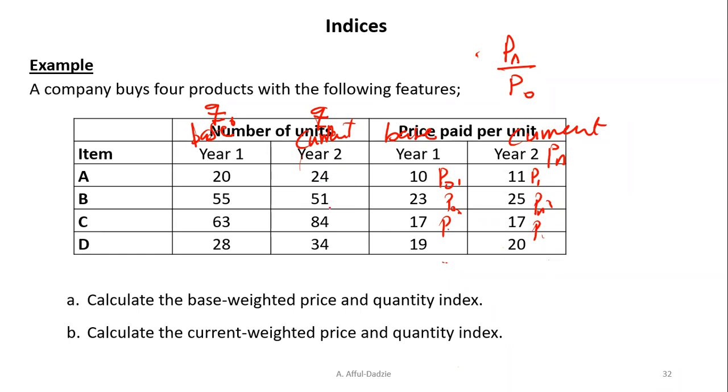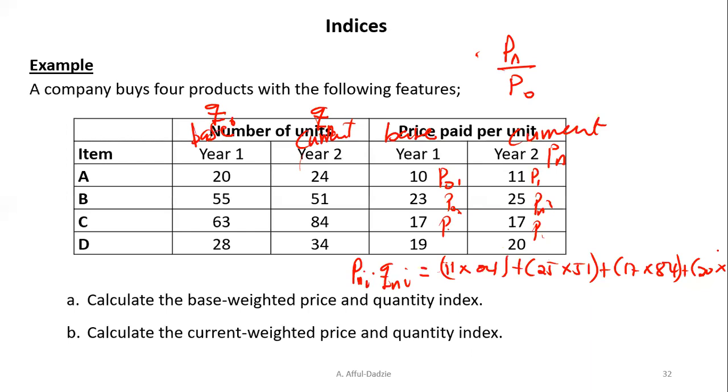Take the next one, multiply it in that order, and sum them. So here you're doing Pni times Qni, which is here, the current price, 11 times 24. We move to the next one, 25 times 51, plus 17 times 84, in that order. And the last one is 20 times 34.